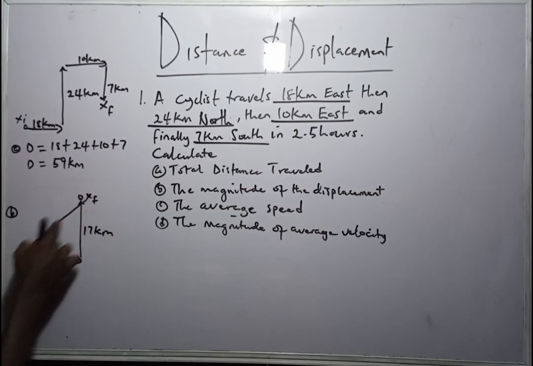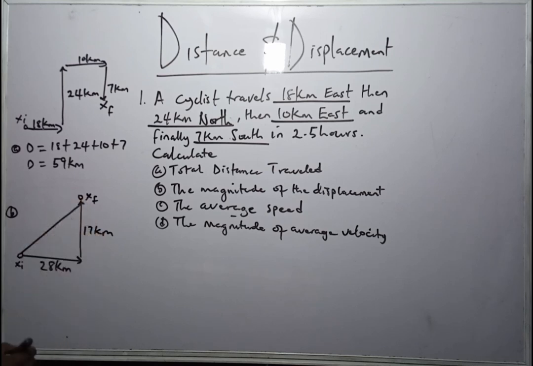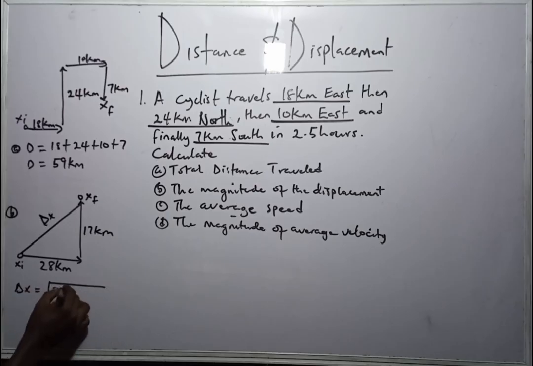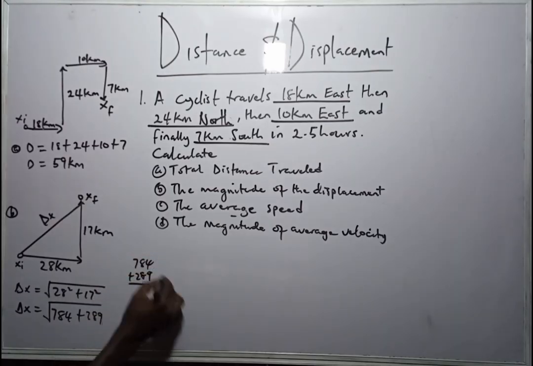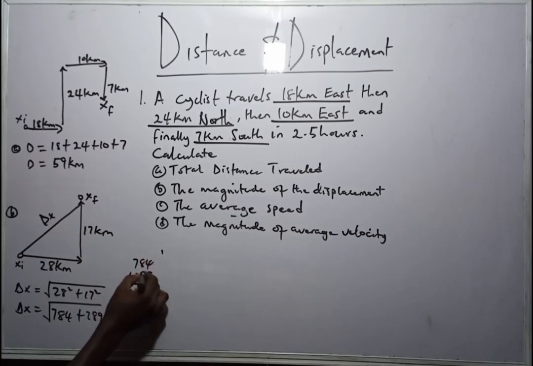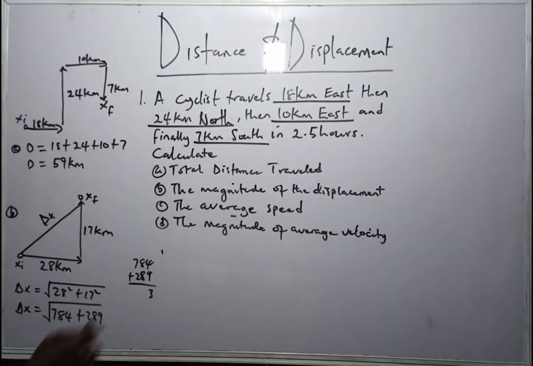The displacement from the initial position to the final position is going to be the x. The x therefore is going to be root of 28 squared plus 17 squared. Let us add 784 plus 289. This is going to give us 1073.